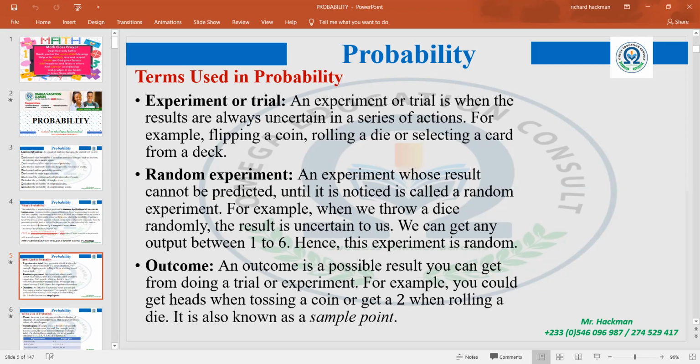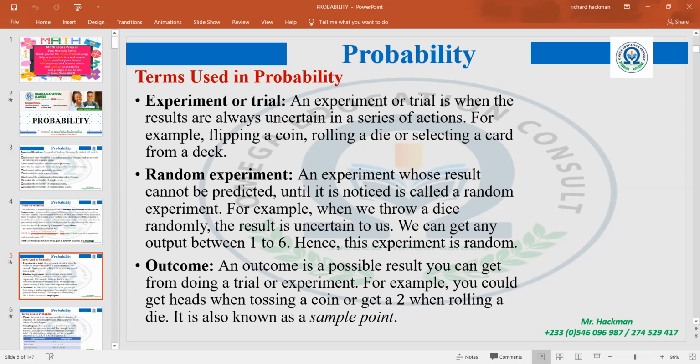Once I'm able to predict that there is no way I will get a boy in Holy Child, in Wesley Girls, then I am not dealing with a random experiment. If I'm able to predict, then it ceases to be a random experiment. That's all. However, in that same class, the students have names.